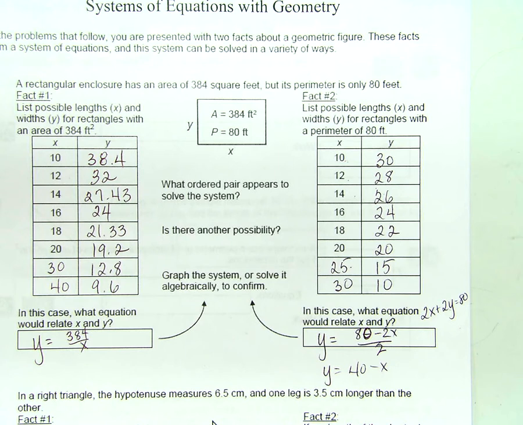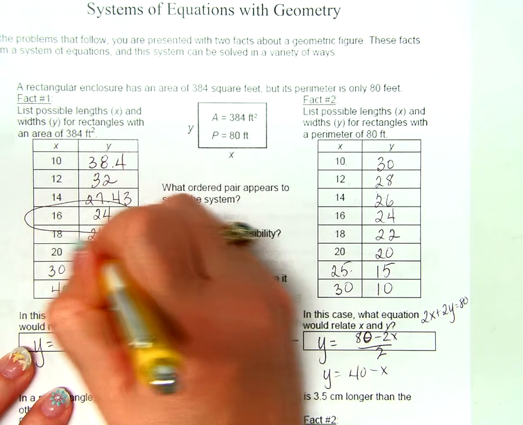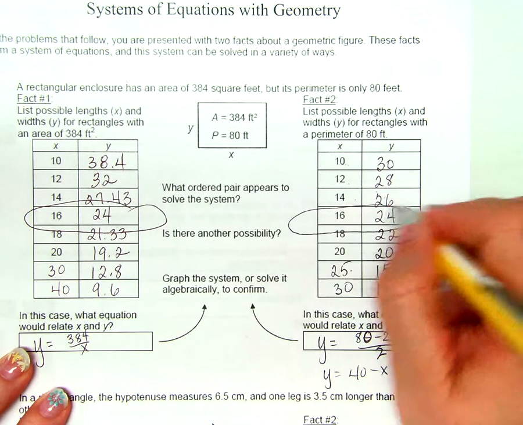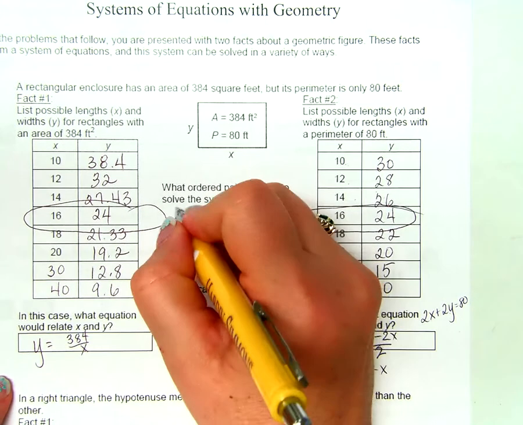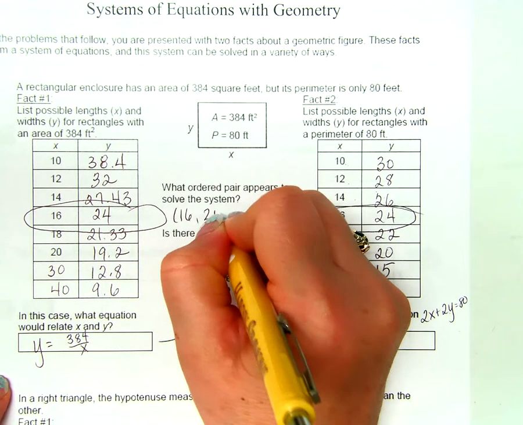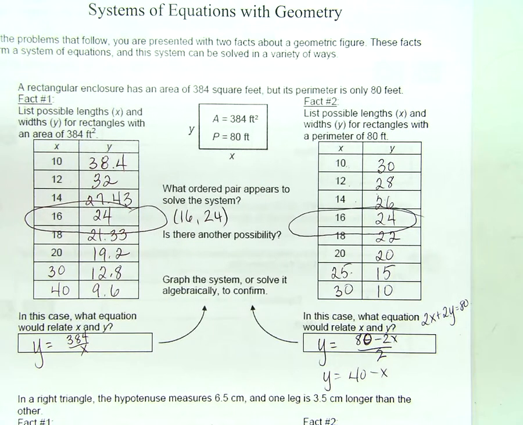On both tables. Absolutely. What point appears on both tables? Here and here. They were even nice and put it in the middle. Okay? 16 and 24. Is there another possibility?